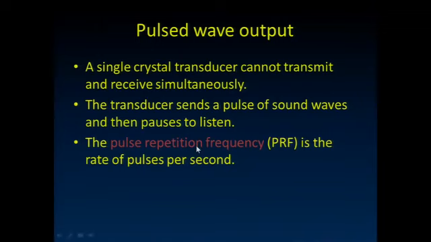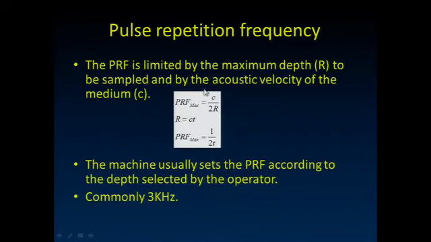And then after it waits an appropriate amount of time, let's say enough time for that sound to have traveled the 10 centimeters deep into the body that we wanted to look and back to the transducer, it's now time to send out another pulse of ultrasound in a slightly different direction. And that time interval between those two is what determines the pulse repetition frequency, or the number of pulses per second.